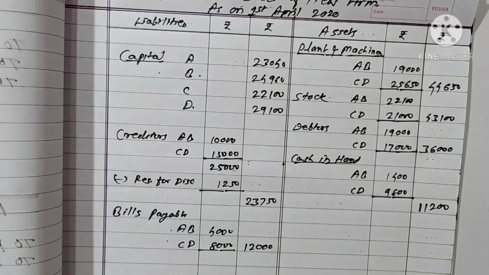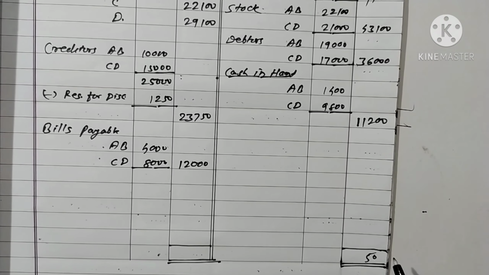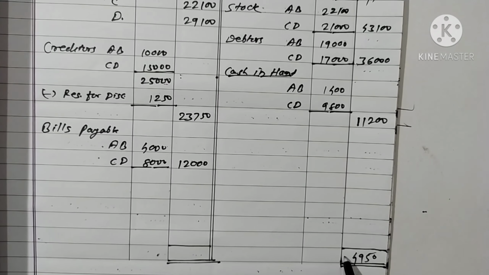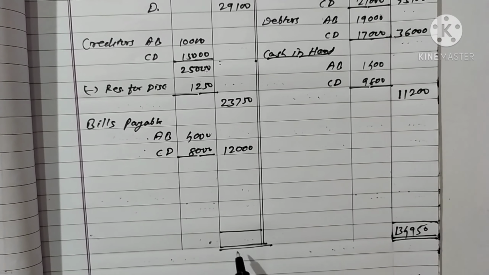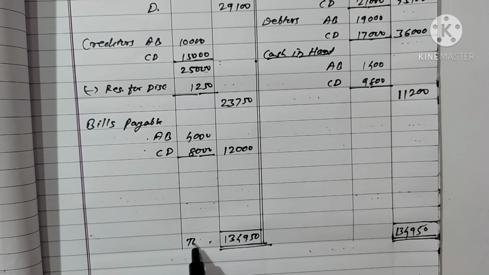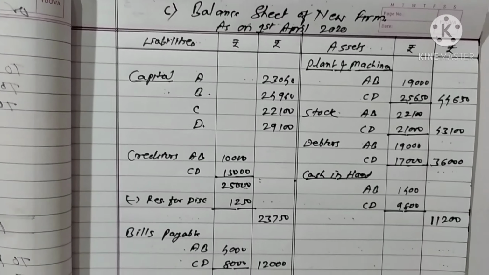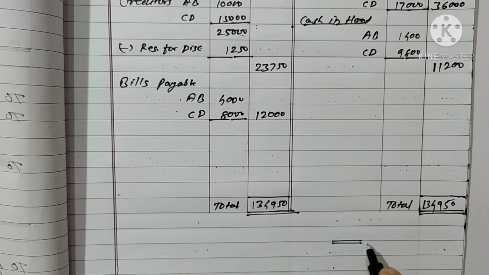Now we go to close the balance sheet. 1,34,950. Write it on liability side. 1,34,950 is a total. This is the complete answer. Now we go to close the answer sheet. Okay, thank you.